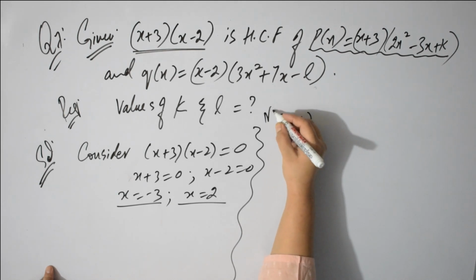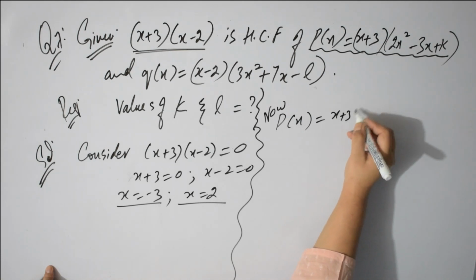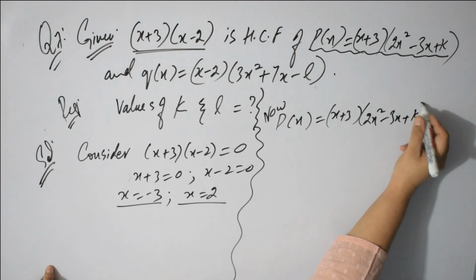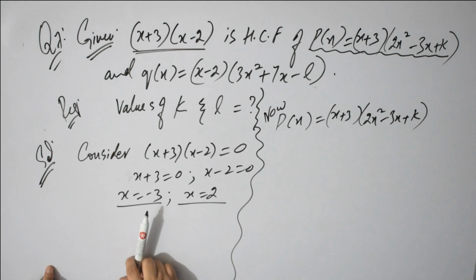Now p of x is equal to x plus 3 into 2x square minus 3x plus k. This is my p of x. I am going to put x is equal to minus 3.